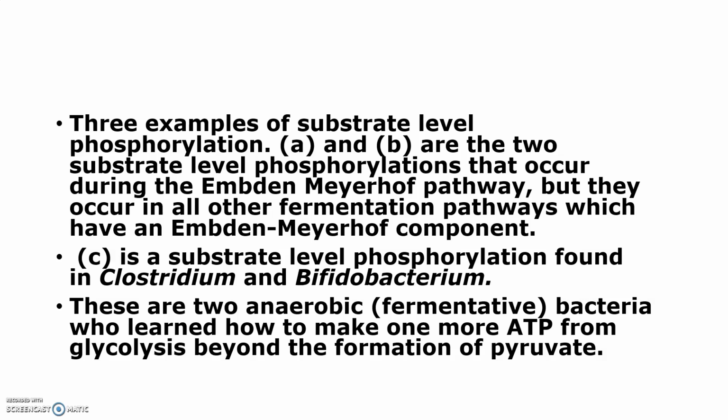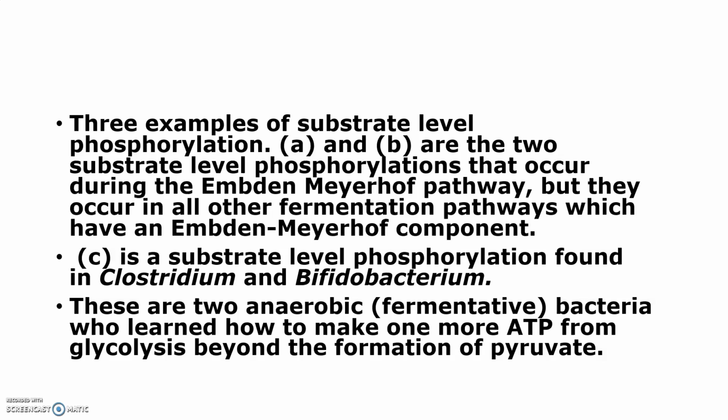Examples A and B are substrate level phosphorylations that occur during the Embden-Meyerhof pathway, that means glycolysis, but they occur in all other fermentation pathways which have an Embden-Meyerhof component. The third one, C, is a substrate level phosphorylation found in Clostridium and Bifidobacterium.